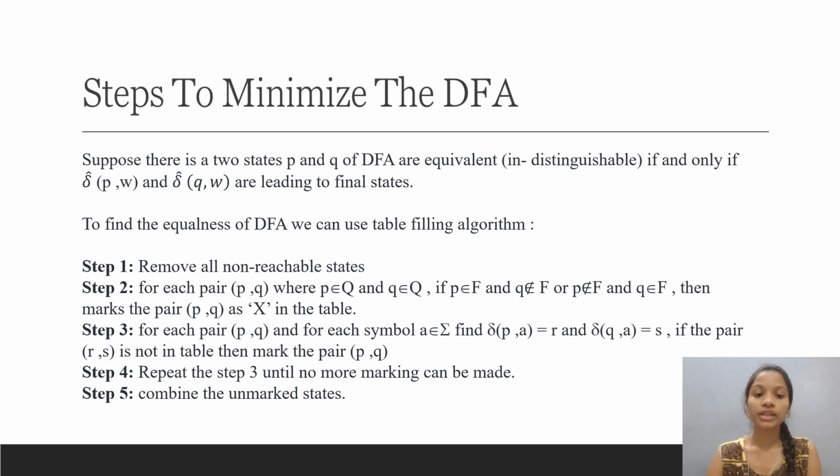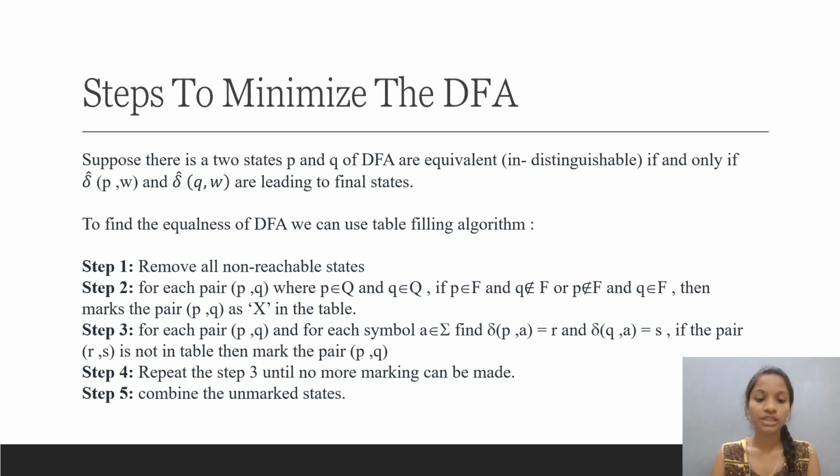To find the equivalence of DFA, we can use the table filling algorithm, which is defined as follows. Step 1: remove all non-reachable states. Step 2: for each pair of P, Q where P belongs to Q and Q belongs to Q, if P belongs to F and Q doesn't belong to F, or P doesn't belong to F and Q belongs to F, then mark the pair P, Q in the table.